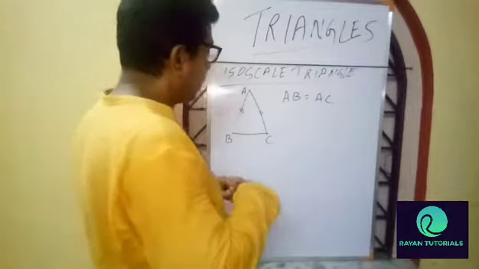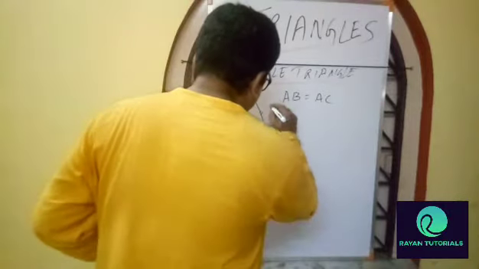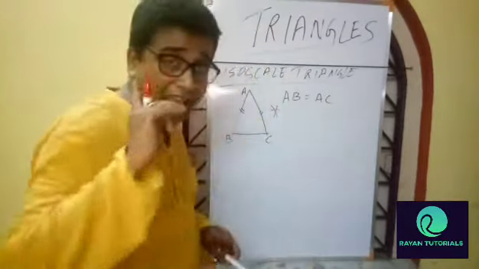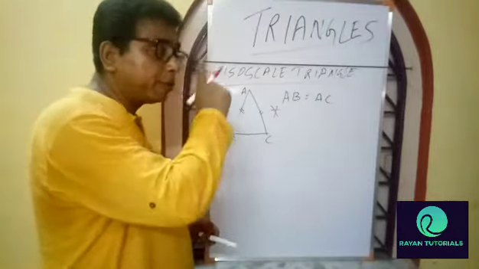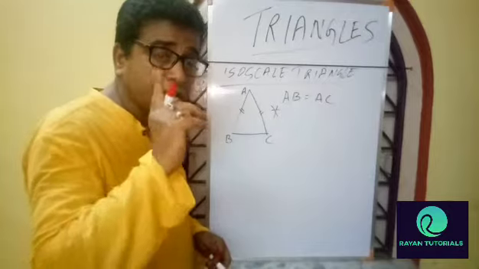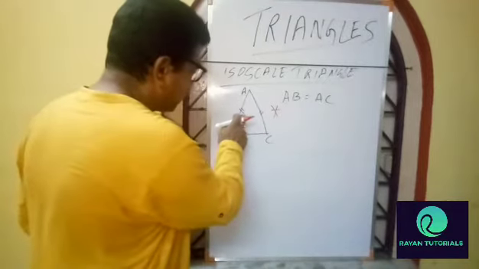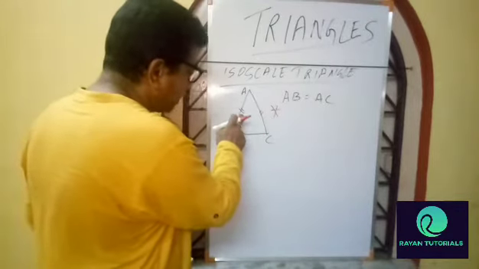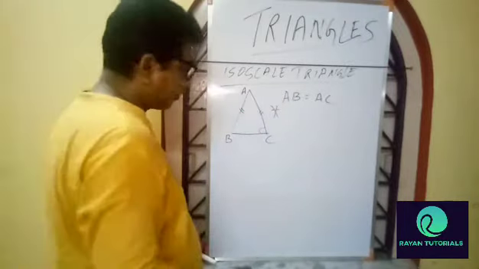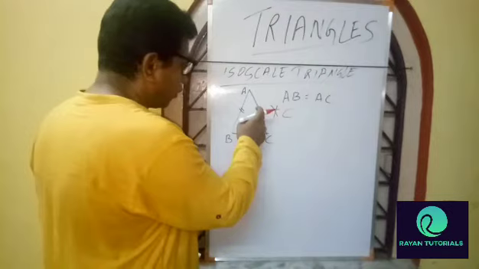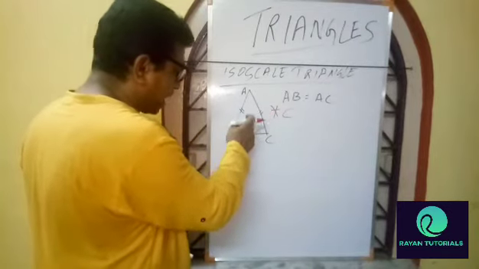Always remember, in an isosceles triangle, listen carefully, the angles opposite to the equal sides are equal. These are the equal sides. So what is the angle opposite to this side? C. And what is the angle opposite to the other side?